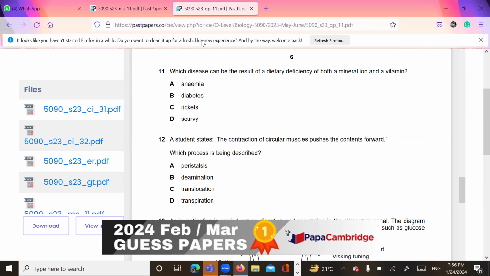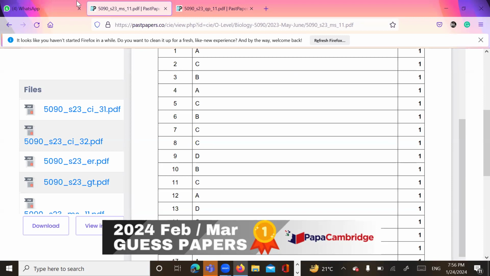A student states the contraction of circular muscles pushes the content forward. This contraction is peristalsis. So this is A, 12A.